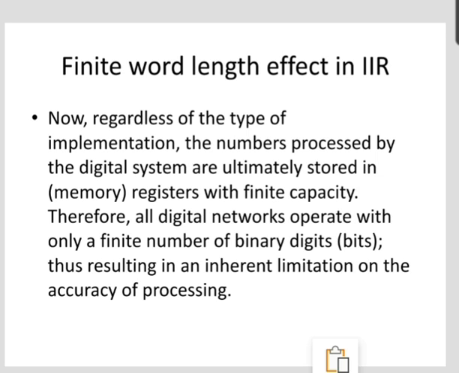When the parameters of rational system function or corresponding difference equation are quantized, the poles and zeros of the system move to new positions in the z-plane. Equivalently, the frequency response is different from the original value.